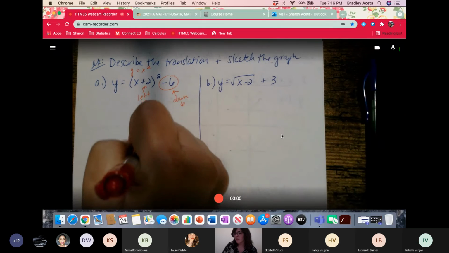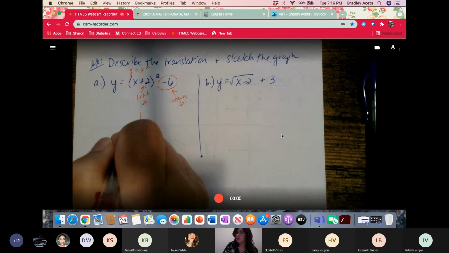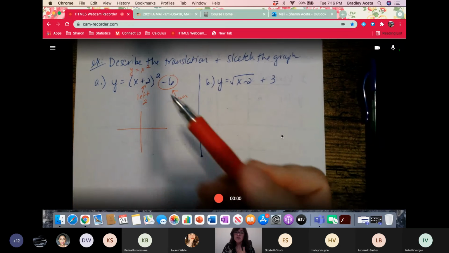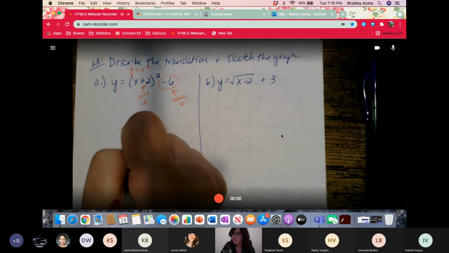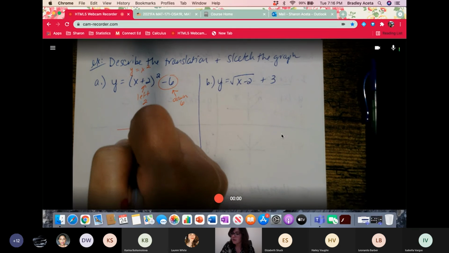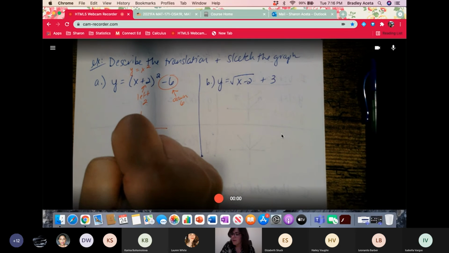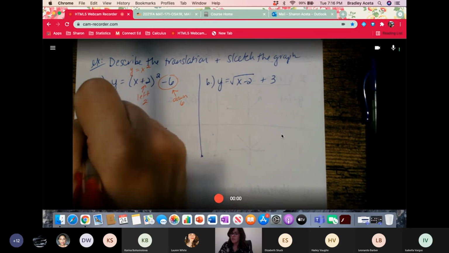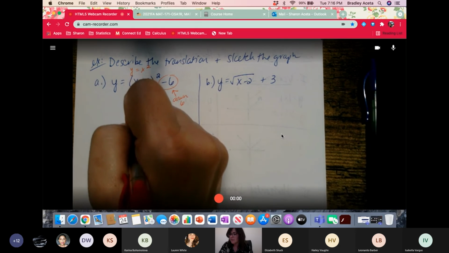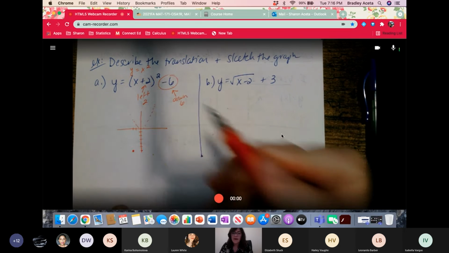So then when I go to graph this, or if I look at the multiple choice for it, that's really your starting point. Go down 6, 1, 2, 3, 4, 5, 6. Go left 2. And at that point right there would be, again, where the parent would be a parabola, like that.